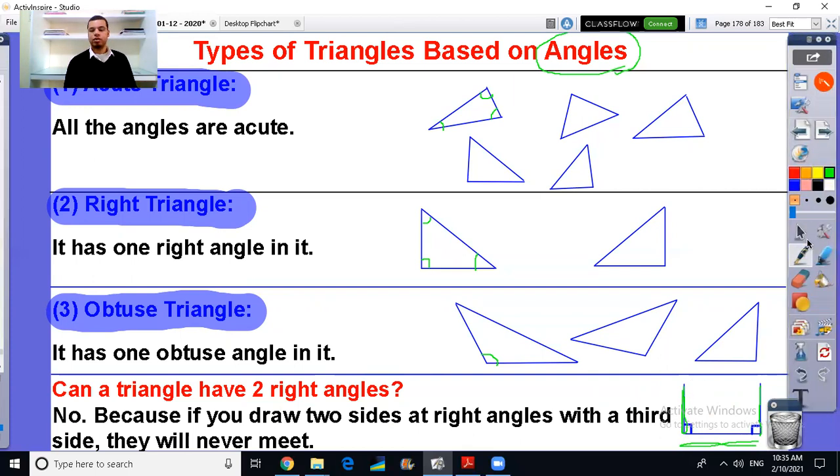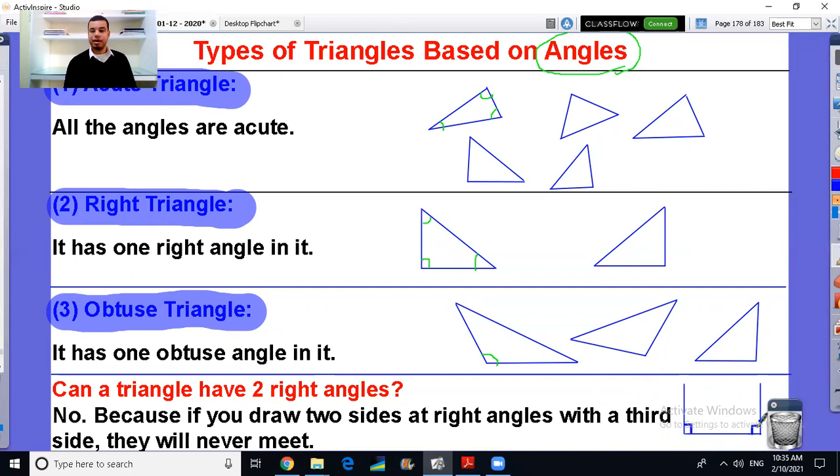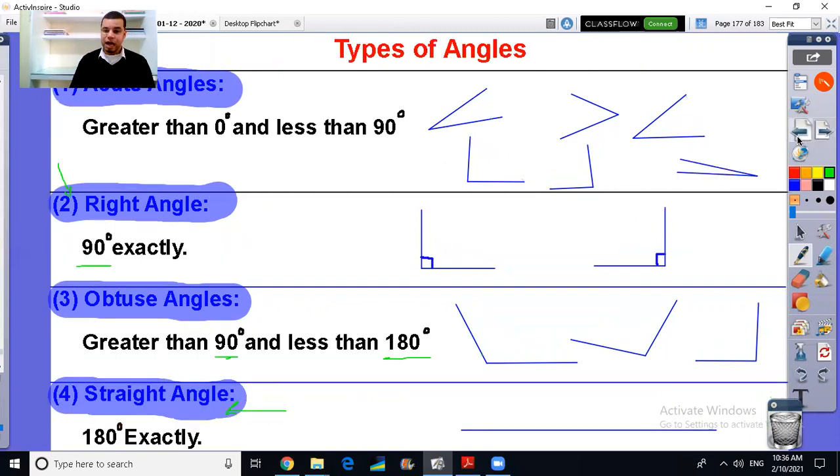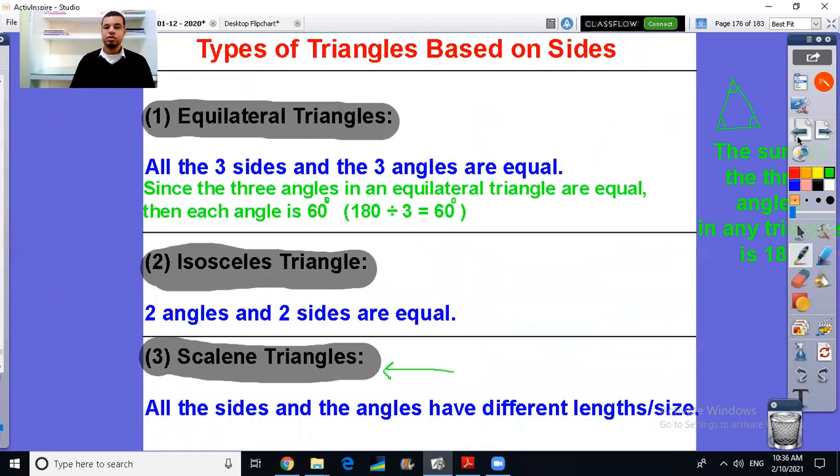This is all you need to say. If you draw two sides at right angles with a third side, they will never meet. You have to draw this as well. Okay, guys? That's it about the types of triangles based on angles. That's it about the types of angles and also the types of triangles based on sides.